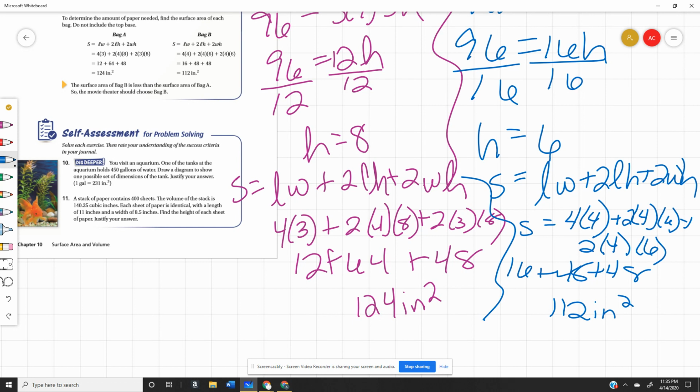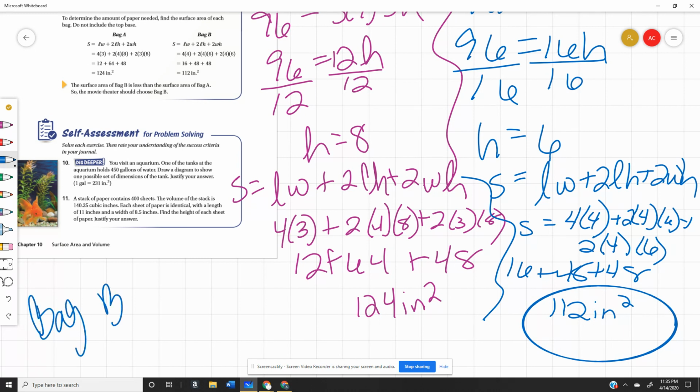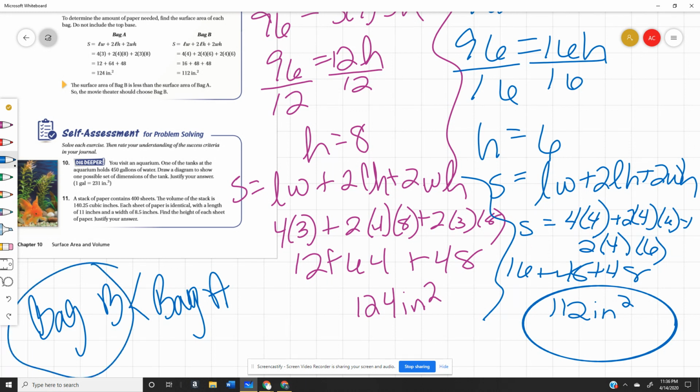So which bag takes less paper? Which bag has less surface area, which means it takes less paper to make, therefore it's cheaper? So the surface area of bag B is less than bag A. So if you were paying for this paper to make this bag, bag B would be the better choice, right?